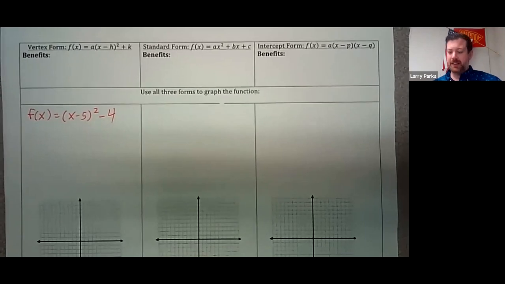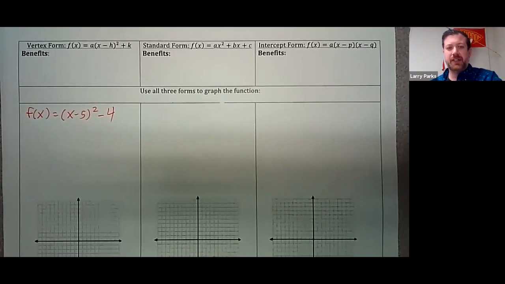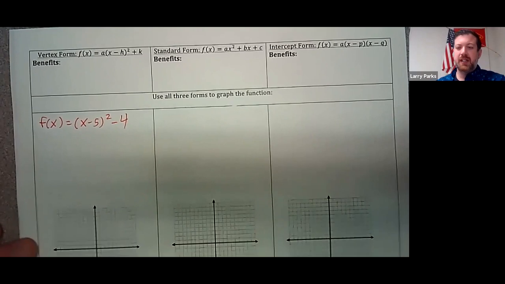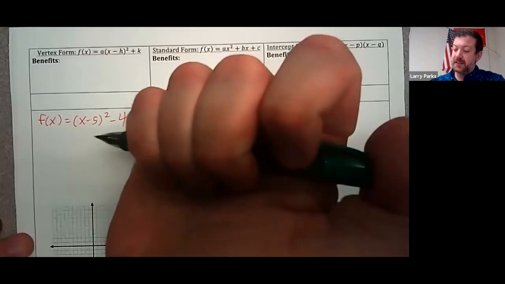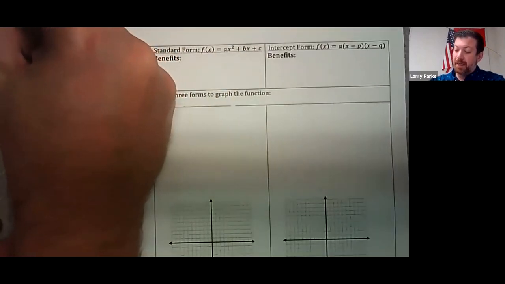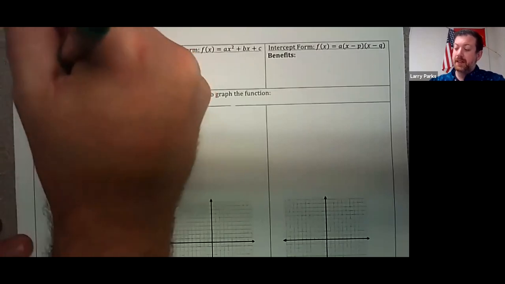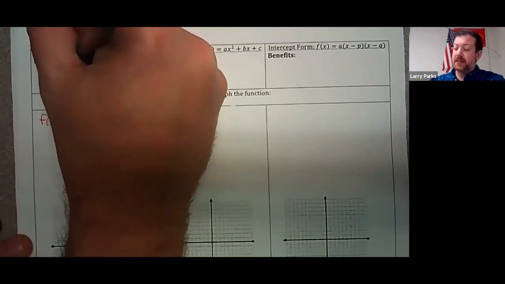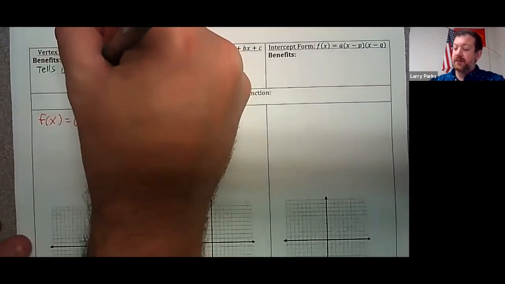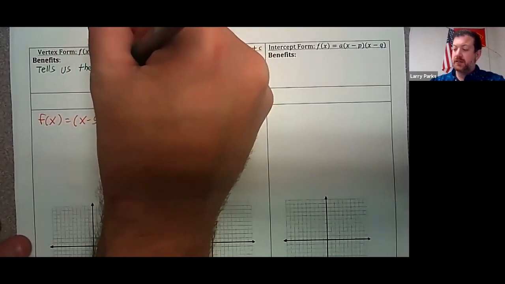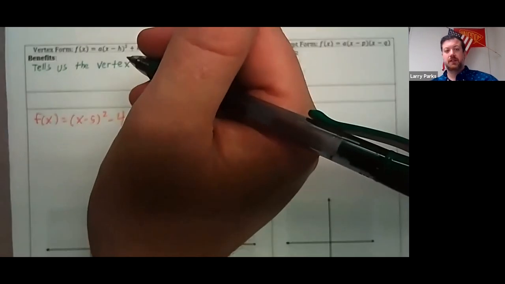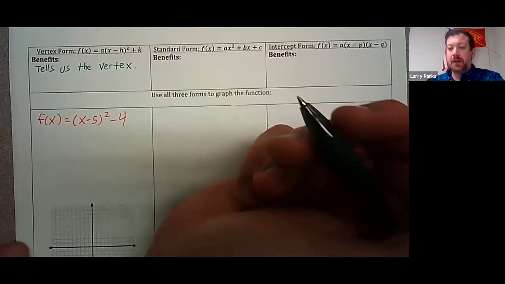So when I look at this, the advantage of vertex form is it tells us, you'll never guess, the vertex. And what is the vertex?